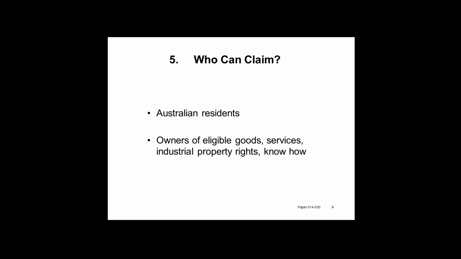So who can claim? Australian residents who are the owners of eligible goods, service, industrial property know-how. So it's the principal of the activity that is the legitimate claimant for the Export Market Development Grant.